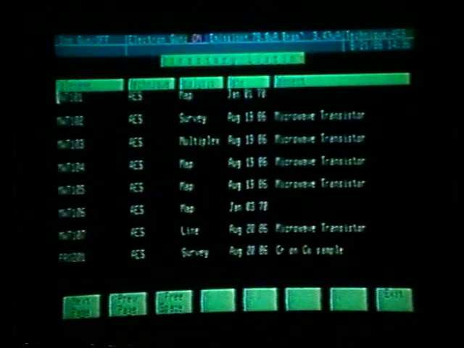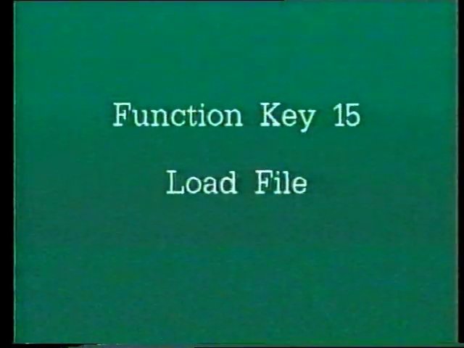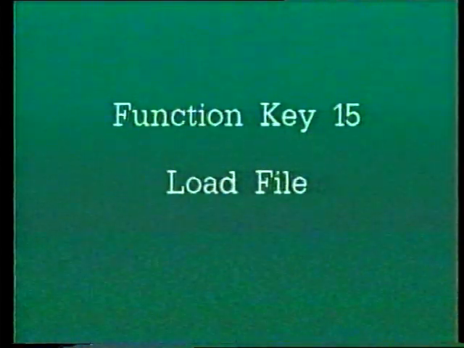We can now exit the directory menu by pressing soft key number 8 and continue exit, once again pressing soft key number 8. To load a file, we press function key number 15.